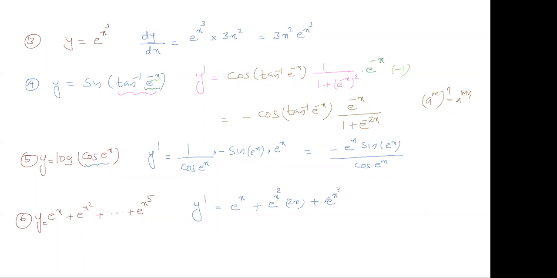So it is e to the power x cube itself. But x के जगह x cube था उसका derivative से multiply करना, into 3x square plus e to the power x to the power 4 into 4x cube plus last term e to the power x to the power 5 into 5x to the power 4. That's it.